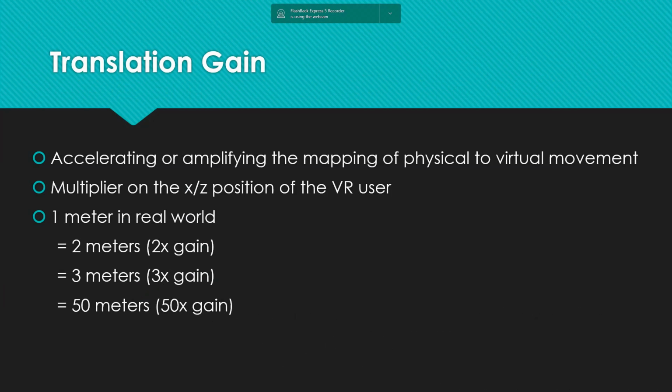In a virtual world, you are transported to a new world basically, and you have the freedom to look around. With today's technology, you have the ability to interact with the virtual objects and move around, and that movement is really important.